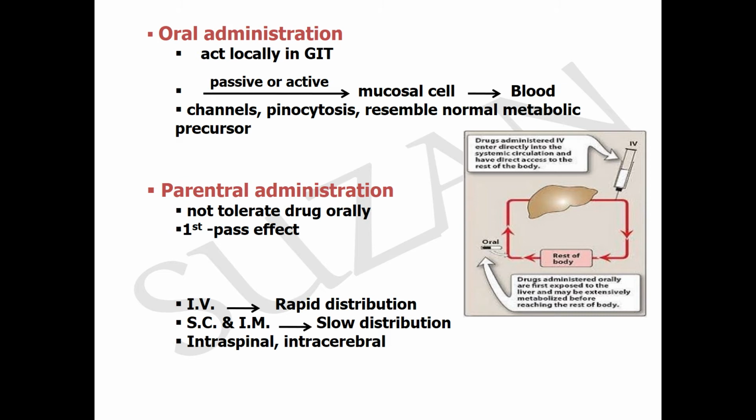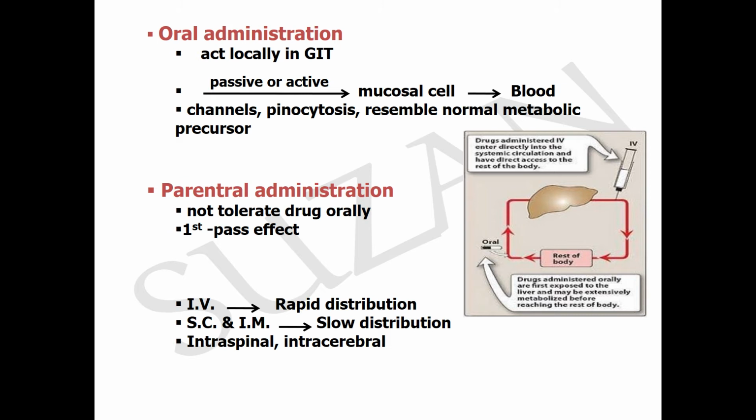And the lipid membrane is a very complex structure where it contains some channels. Sometimes the drug will move into the cell through the process of pinocytosis, or sometimes the drug can resemble normal metabolic precursor that can actively be transported into the cell.